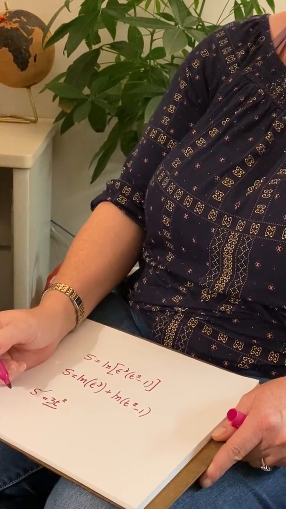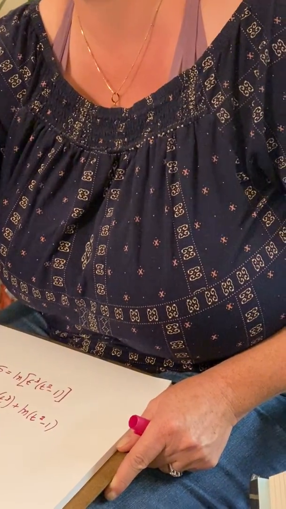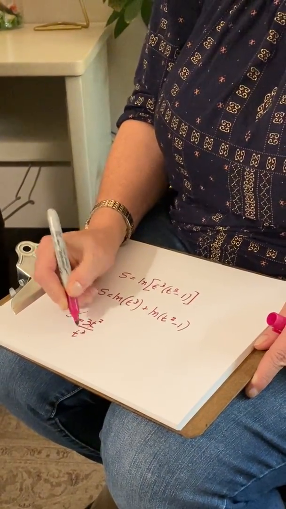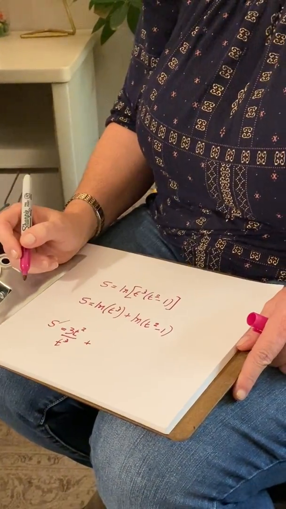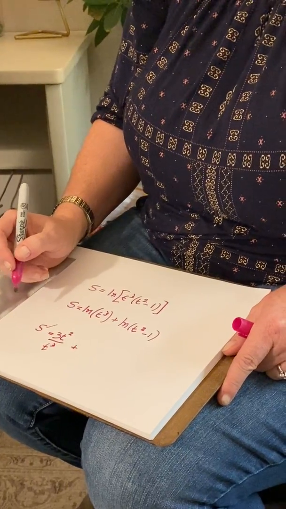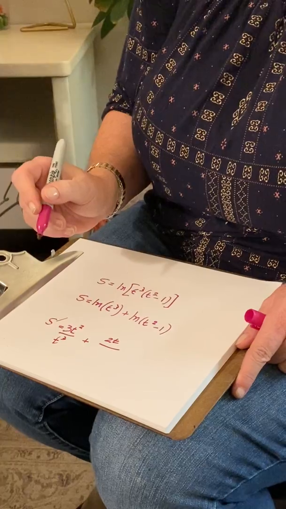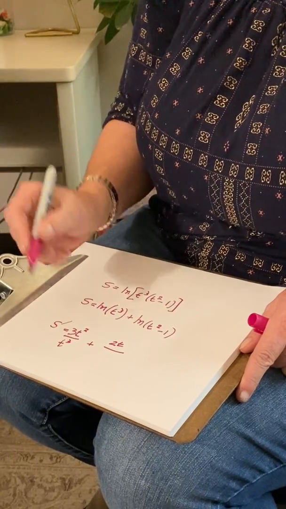By t cubed. Exactly. Plus, now do it again. 2t over t squared minus 1.